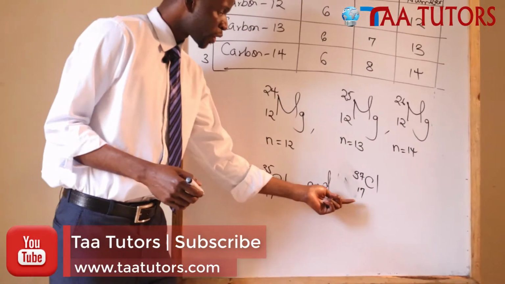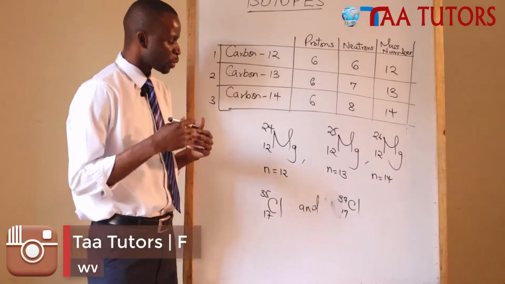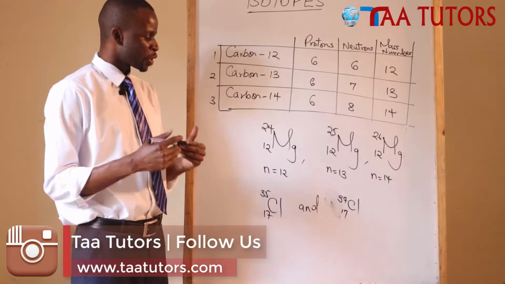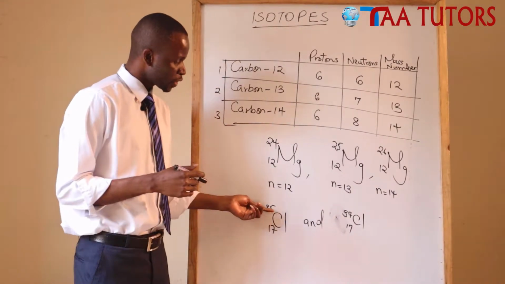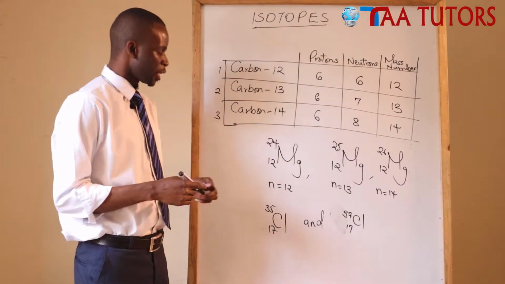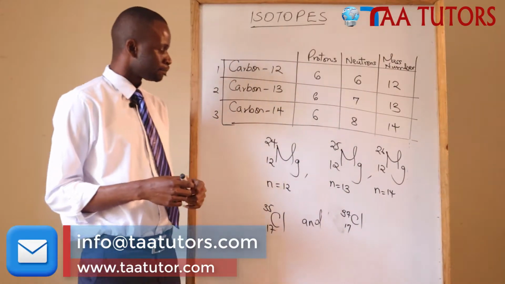The atomic numbers we can see are the same because that's actually everything about isotopes. They must have the same proton numbers because they are actually atoms of the same element. Then the mass numbers, or the nucleon numbers, are different. One is 35, another one is 37.